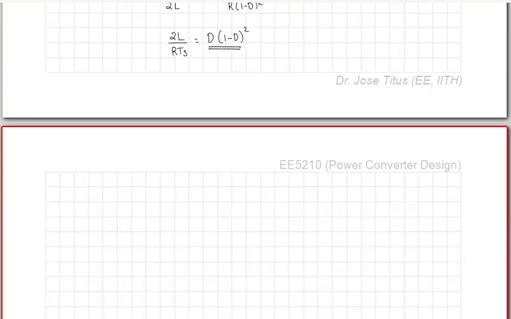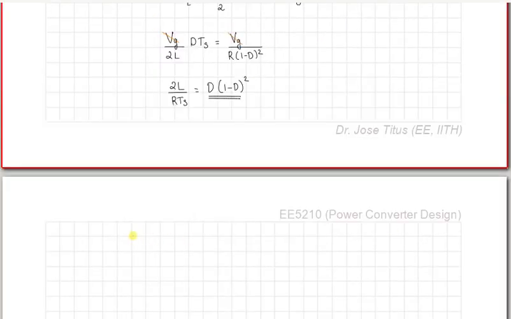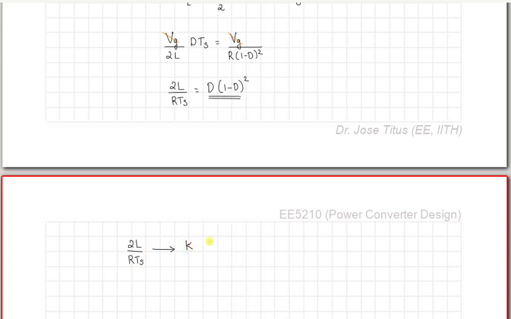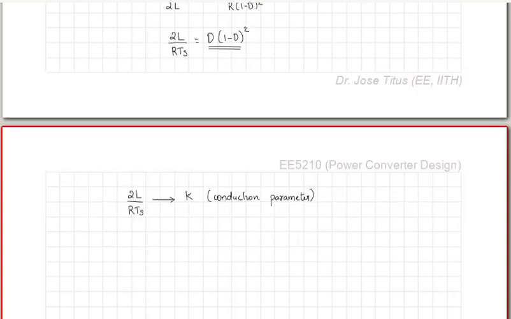right? And this parameter 2L by RTs, as we said in the case of the buck converter, is denoted by the letter K, and it is called the conduction parameter. What this K tells us is about the tendency of this converter to operate in CCM or DCM.